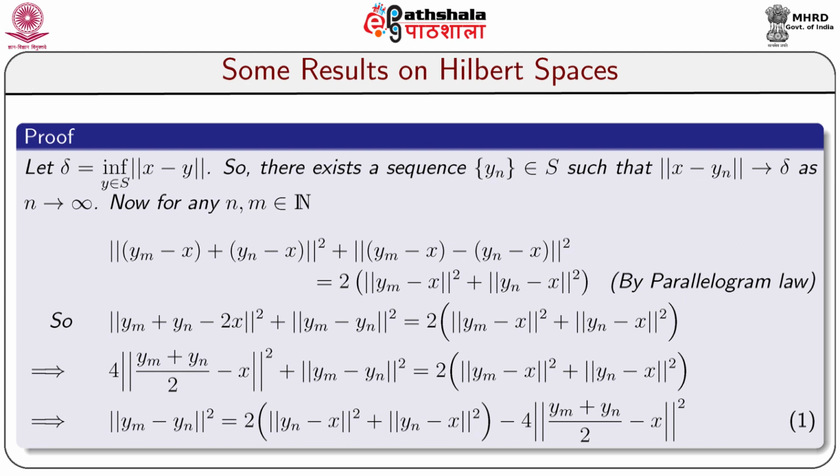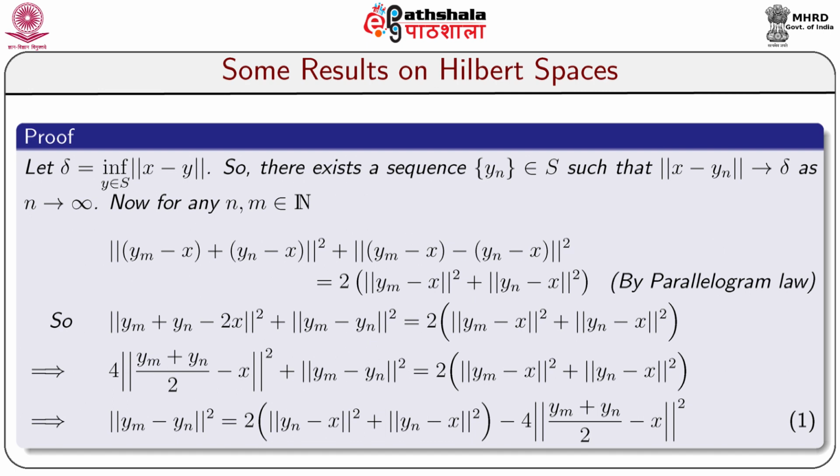The proof looks like this. Let delta equal to infimum of norm of x minus y, where y is taken from S. So, there exists a sequence of vectors yn belonging to capital S such that norm of x minus yn goes to delta as n tends to infinity.